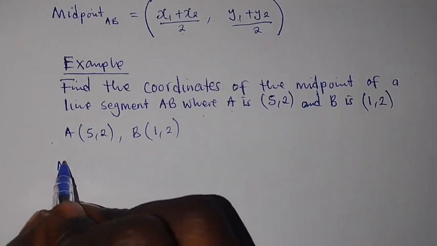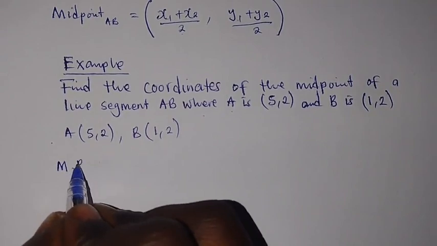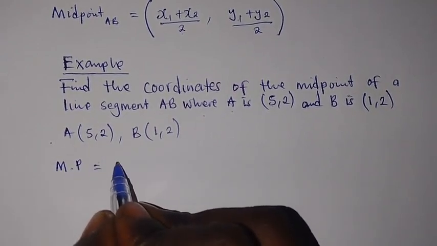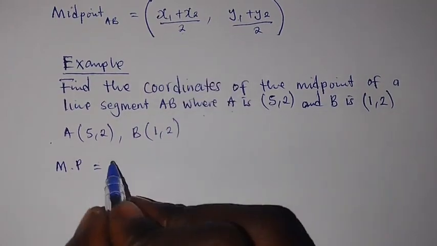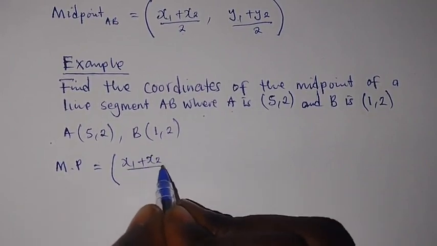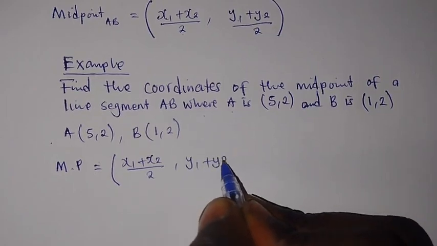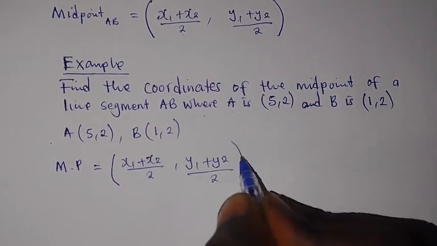Write your formula there. Midpoint is equal to x1 plus x2 divided by 2, comma, y1 plus y2 divided by 2.